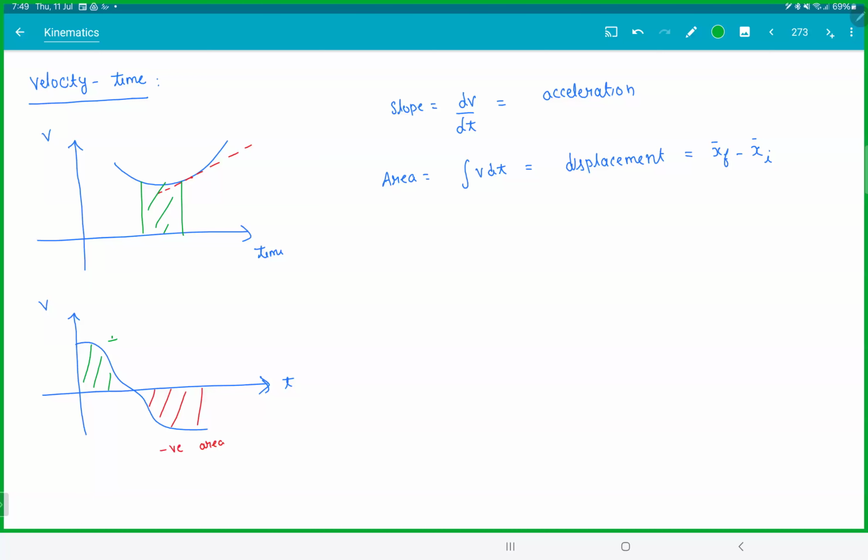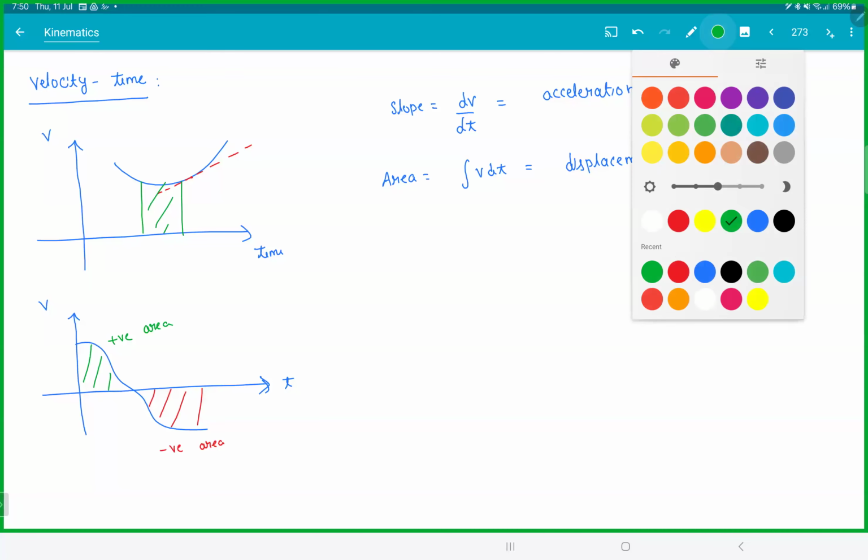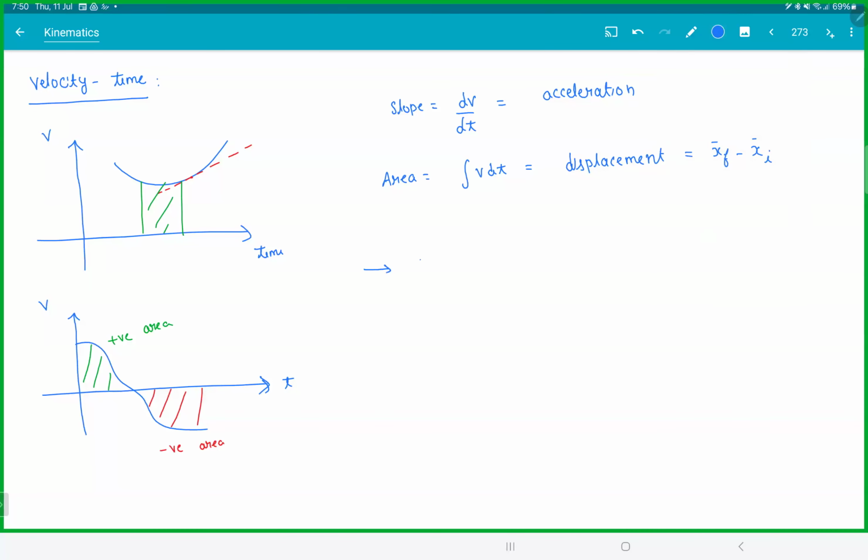Above the time axis, the velocity is positive and the time is also positive, so it's a positive area. So generally, this is the convention: area below the time axis is negative, and area above the time axis, we take as positive.